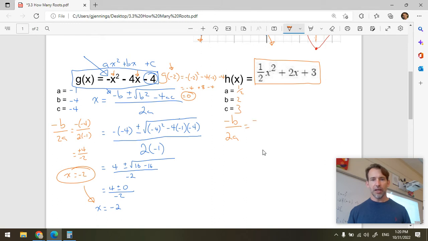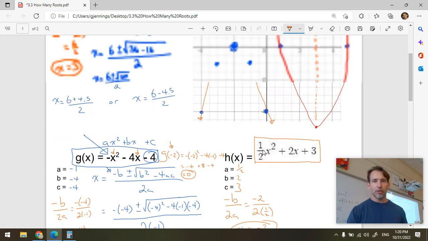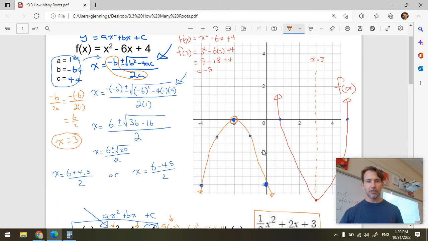Negative b is going to be negative 2 on top, divided by 2 times a. A is 1/2. So 2 times 1/2, half of 2 is 1, so this is equal to negative 2. Okay. So we know that the x value of the vertex is negative 2. So this one also has an axis of symmetry over here at negative 2.